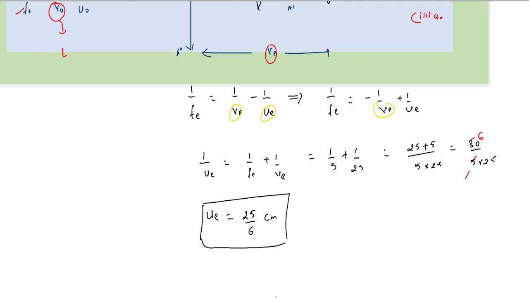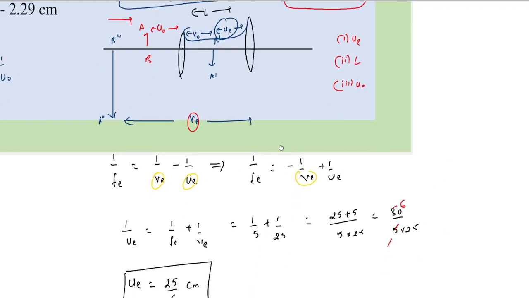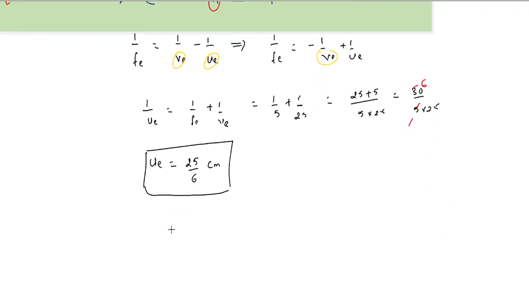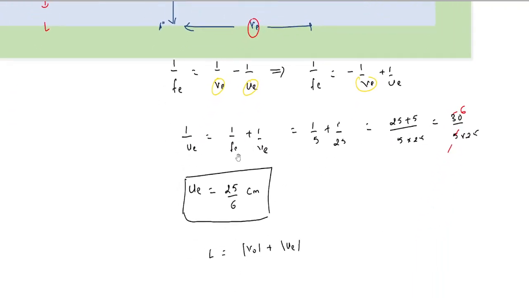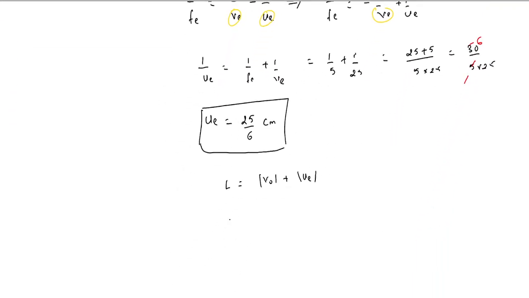Now we know what UE is. Let's find V0 from the expression for L. Recall that L is equal to V0 plus UE. The L value is given as 20 centimeter. So 20 is equal to V0 plus UE, which is 25 by 6.